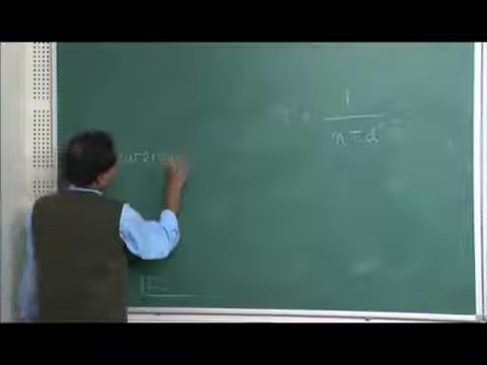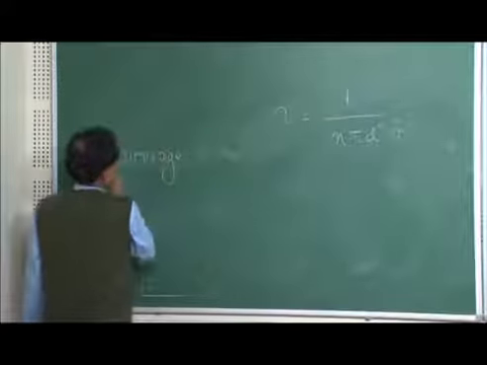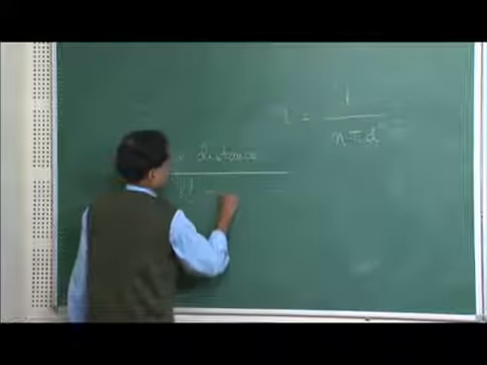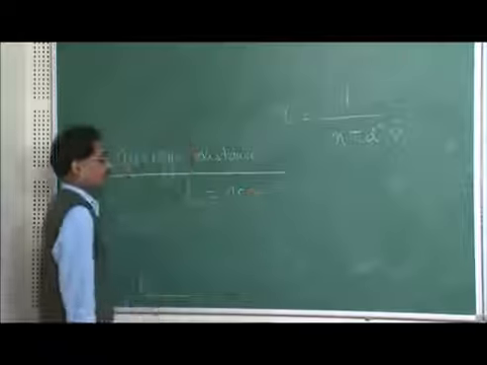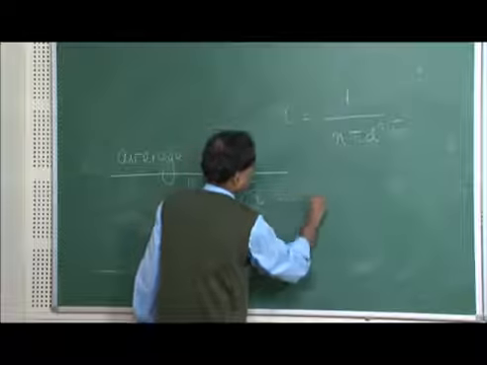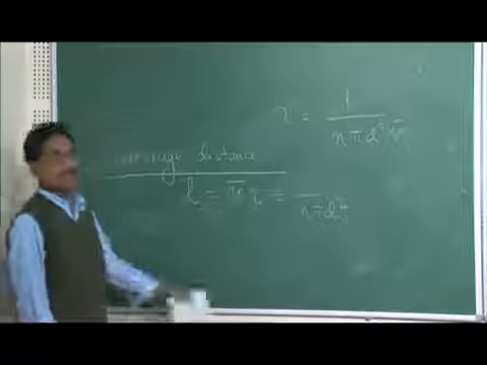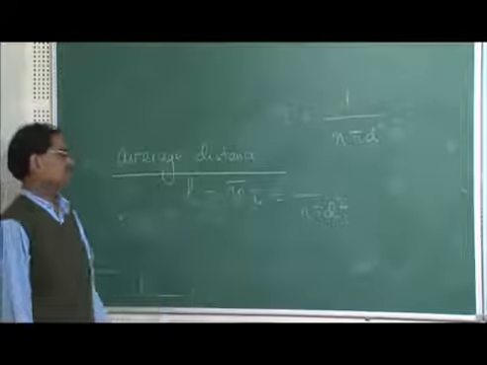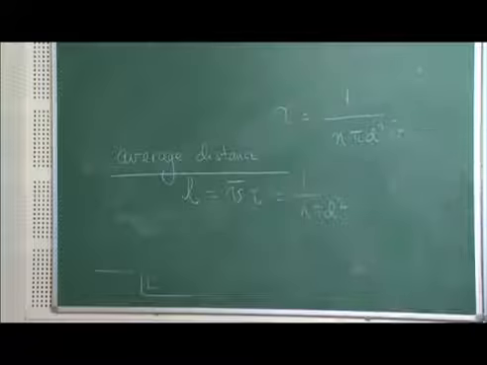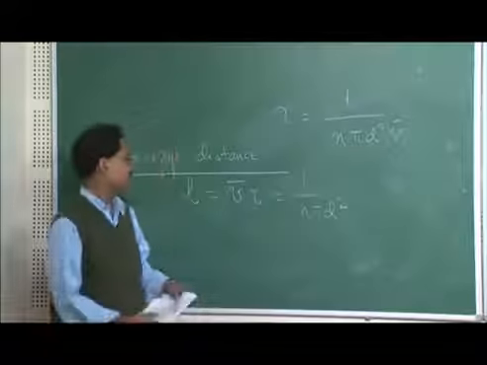The average distance, which I defined as the mean free path, is V average into tau, that takes care of V here, and I get 1 over n pi d square. You can easily check that dimensionally it is actually a length, because this has 1 by L cube, this is L square. So, you get L.